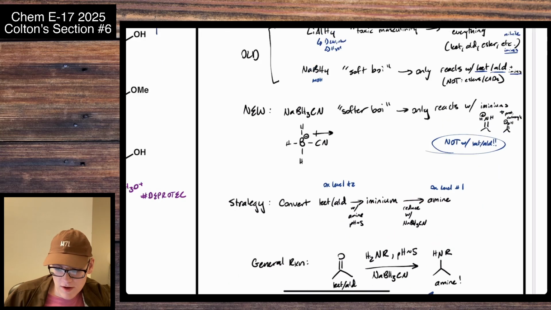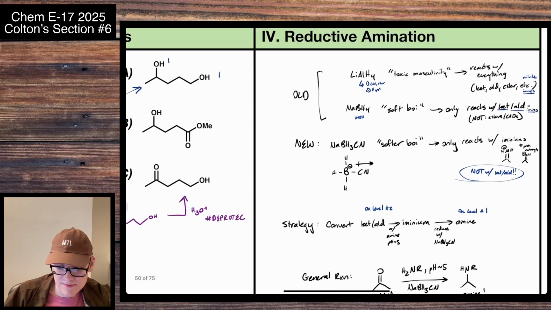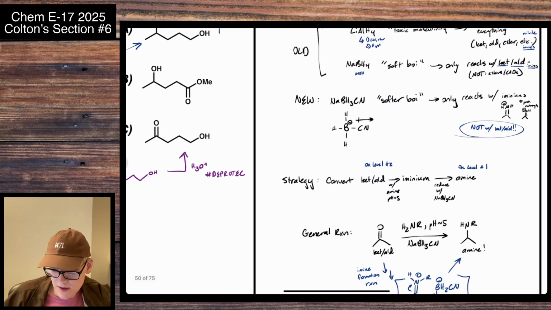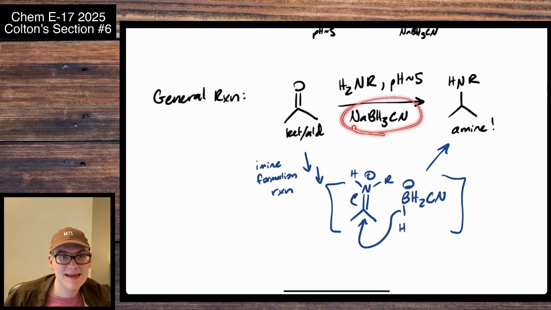Overall, we call this process reductive amination. It's an amination because we make an amine, and it's reductive because we go from oxidation level 2 to oxidation level 1. What that looks like is, remember, this softer reagent, just like NaBH4, can be used in aqueous conditions.